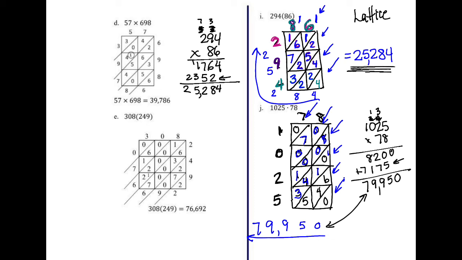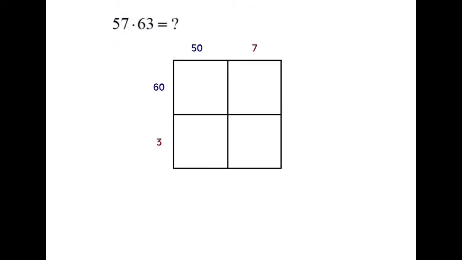Okay, let's try another one. Actually, this is the area model. So you can see I put a 50 and a 7 across the top because that's 57, and 63 down the side. Okay, so 60 times 5, that's this box here because it goes this way, right?